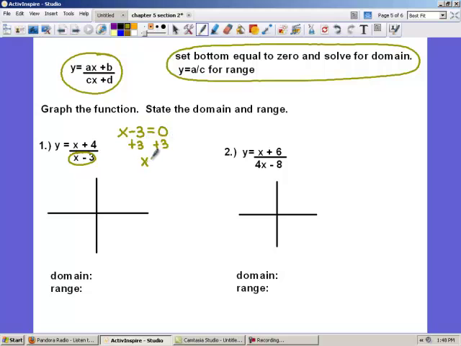Okay, so the first asymptote is 3. So I'm going to go on my graph here. Remember this, the x goes up and down. So 1, 2, 3. Okay, there's the first one. Now I'm going to write in the domain since we already know that. It's all real numbers except for 3.